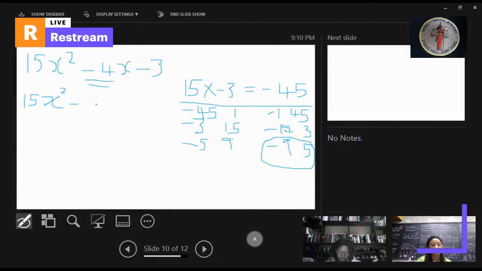You could do it that way and you will still get your answers, but it's better to pair up the ones with common factors. Even though 3 would be a common factor of the 15 and the 9, this way you definitely know they can divide. So it's positive 5x and negative 9x, minus 3.